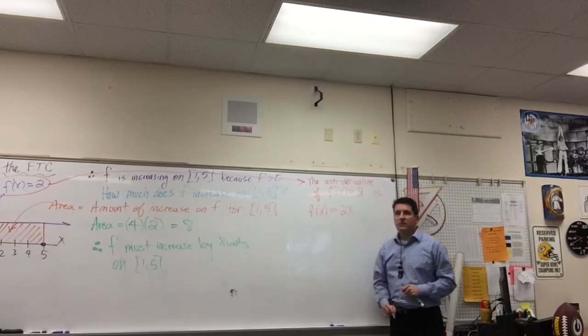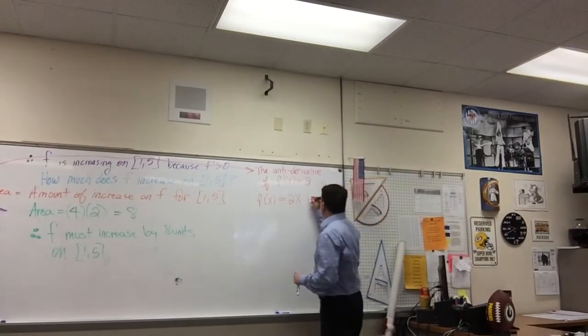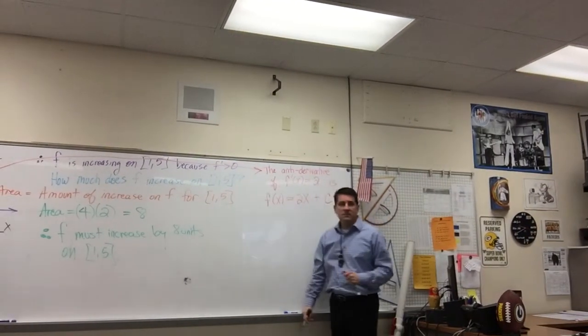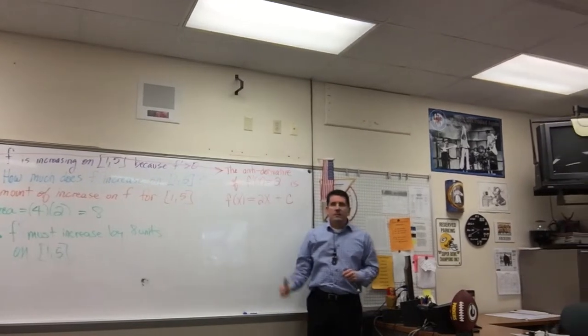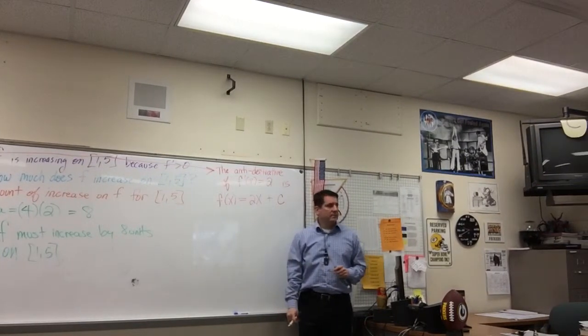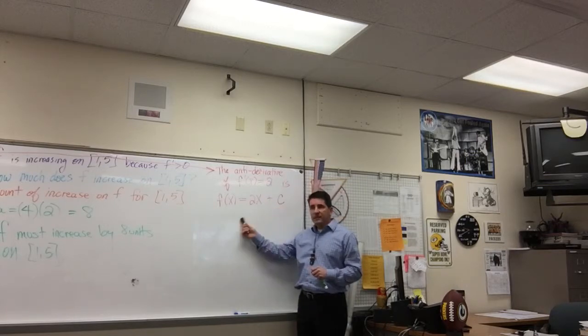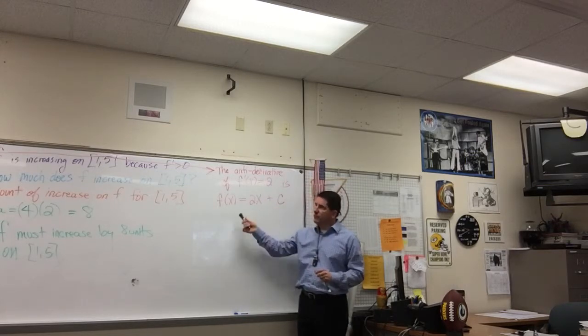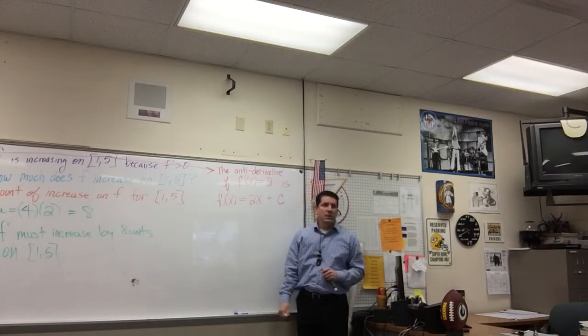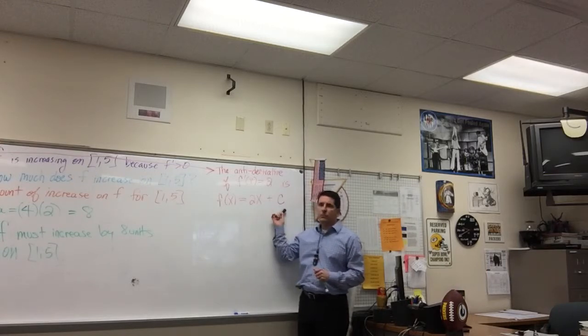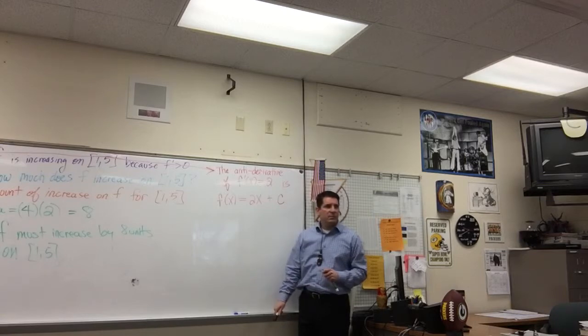2x plus, we're going to use the letter c. The c represents the fact there's a constant that could exist here because there's an infinite number of functions whose derivative is 2. 2x plus 1, 2x plus 2, 2x plus 3, 2x plus pi, whatever.